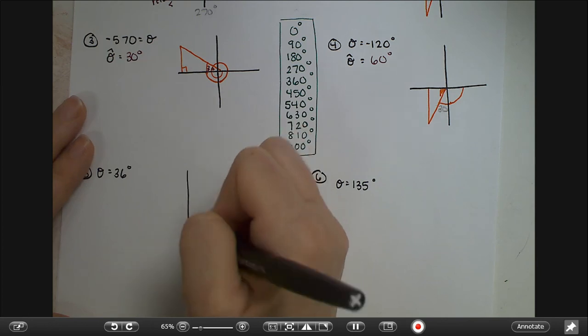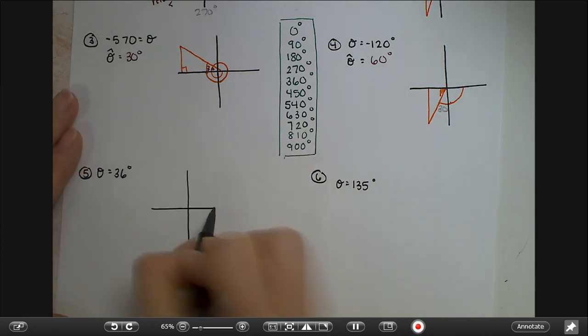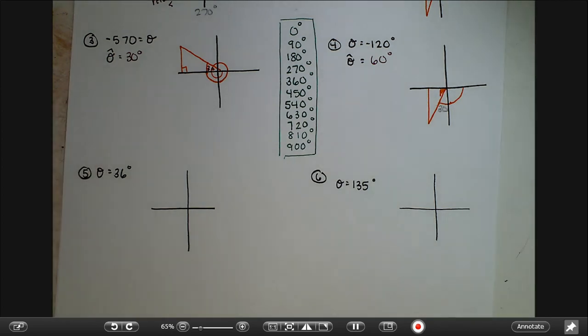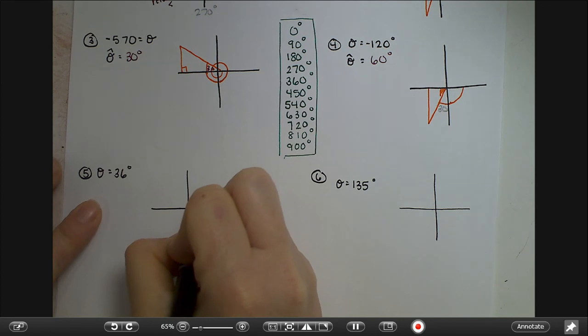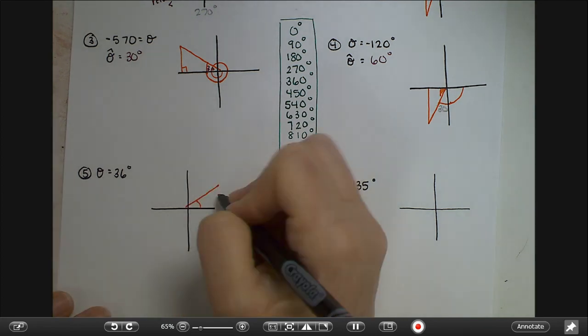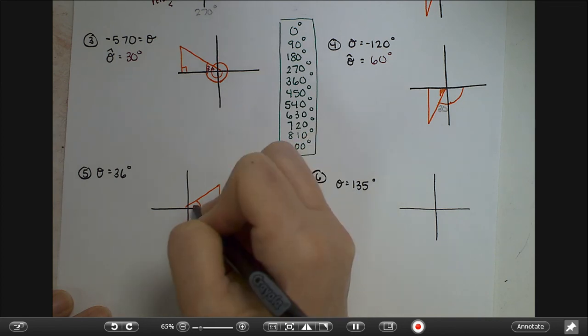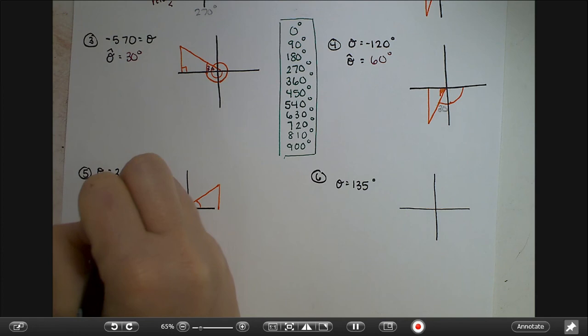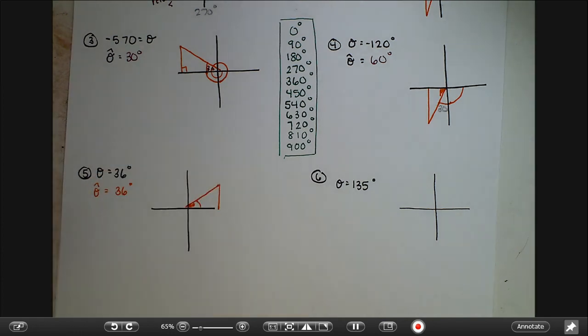Welcome back. Hopefully you're just looking at this to see if you got it right or wrong. If you're just watching me do it again, you probably won't have really learned it. 36 degrees is going to come up 36 degrees and drop to the x-axis. So really, our theta hat, our reference angle, is 36 degrees. And that will happen every time you're in that first quadrant.